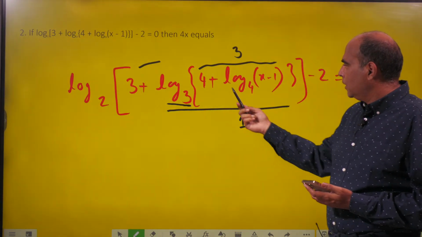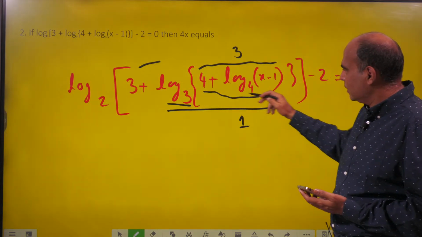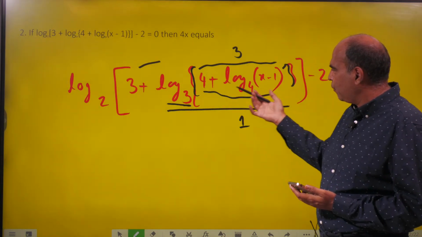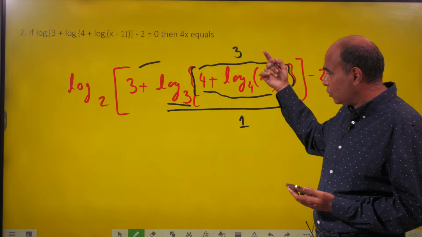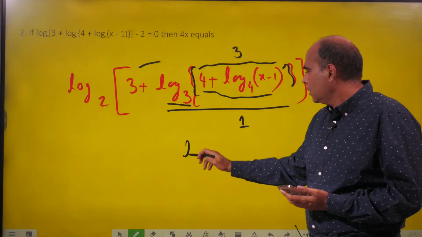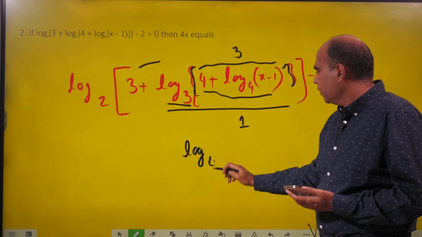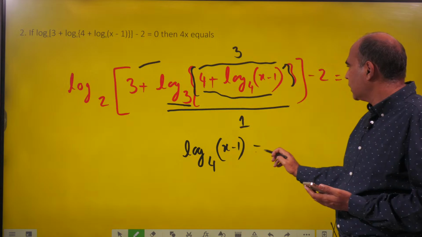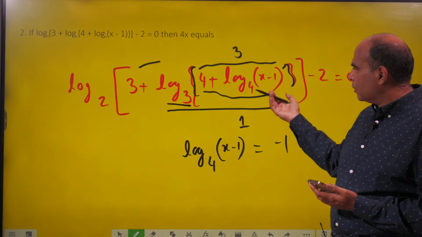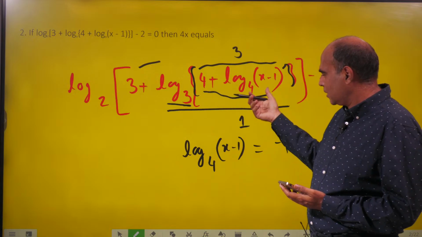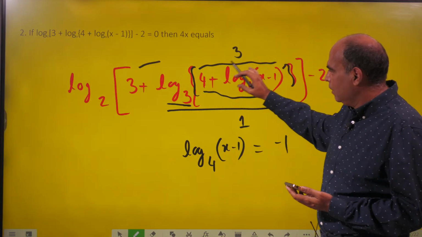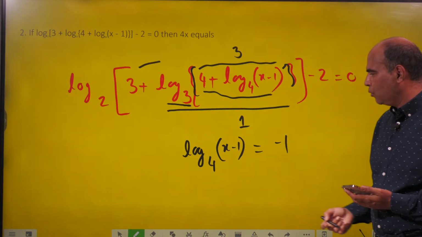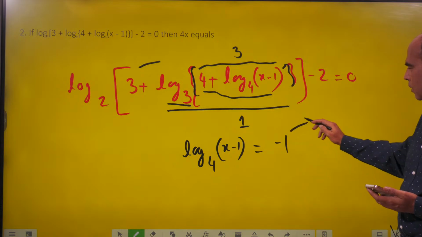Then inside this flower bracket, this whole expression 4 plus log to the base 4 of x minus 1 has to be 3, which means log to the base 4 of x minus 1 is equal to minus 1. It has to become minus 1. That's the only way to bring 4 plus this to 3. Let's say if this is n, for 4 plus n to be 3, the value of n has to be minus 1.